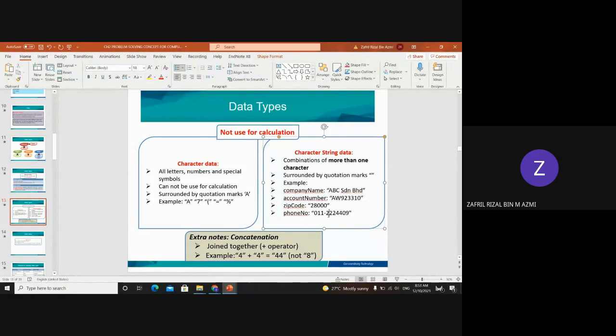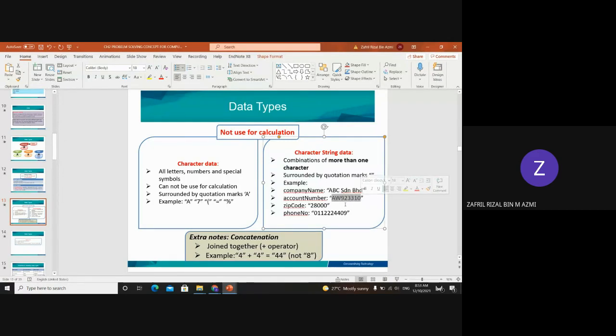So it is not entirely a number. There's the minus operator in it. So no, cannot, unless your phone number is entirely numbers, then it is possible to declare it as a numeric or integer value.